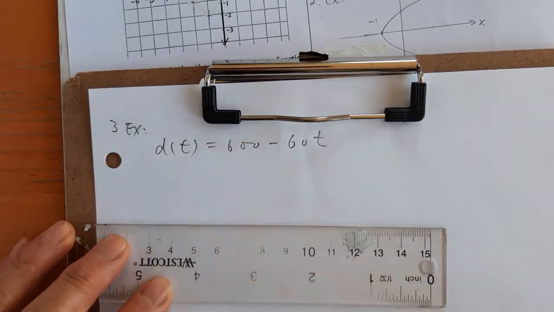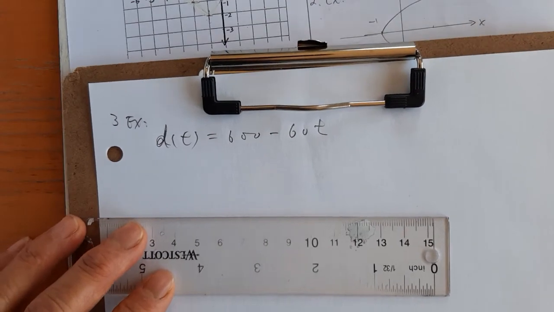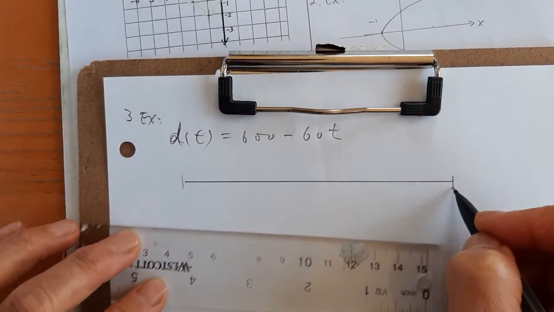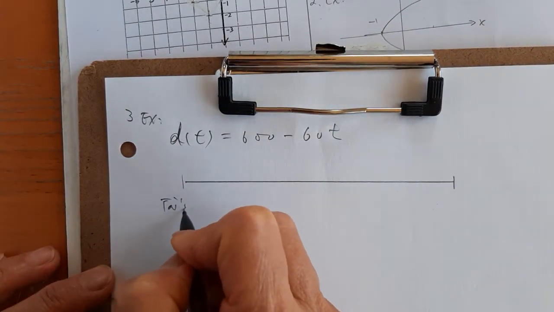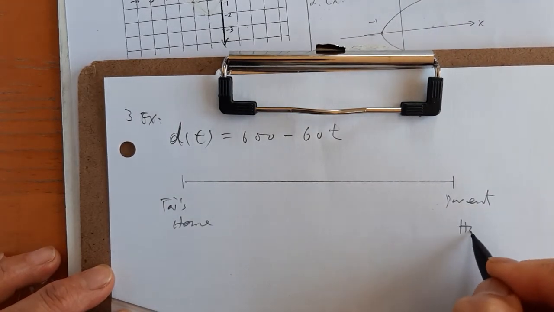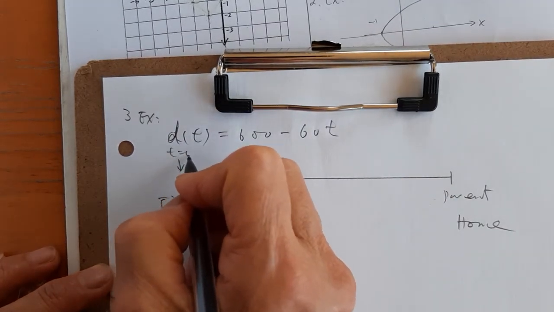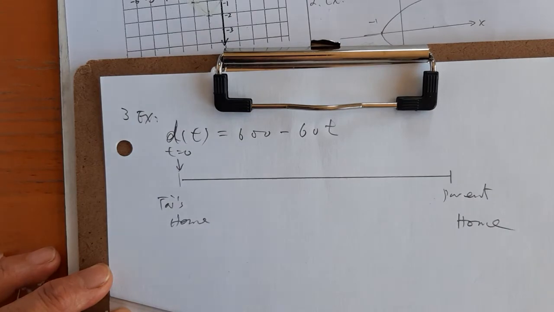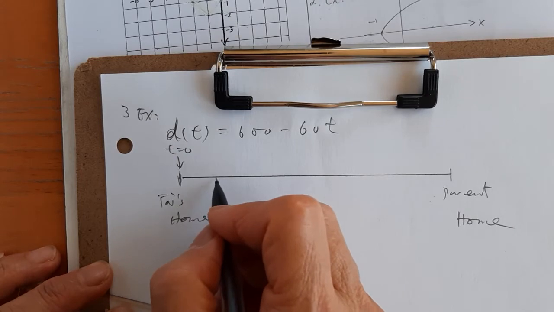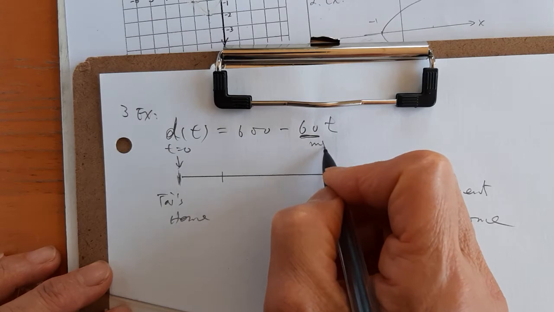This is a linear function. This d is distance; the function name is d. T is in how many hours. So this is Ty's home, and this is the parents' home. When t equals 0, that is 0 hours, Ty is at his home. And then he travels 60 miles per hour.